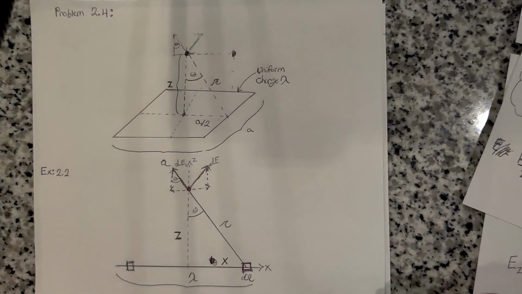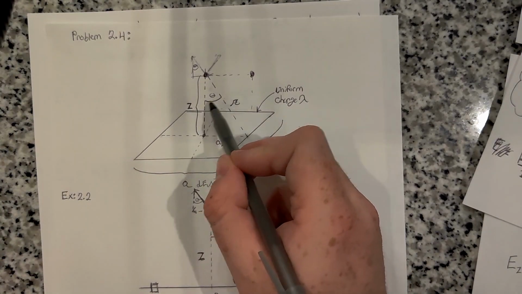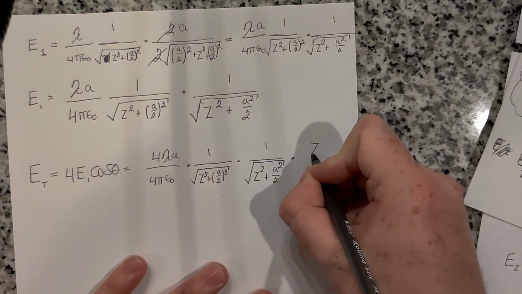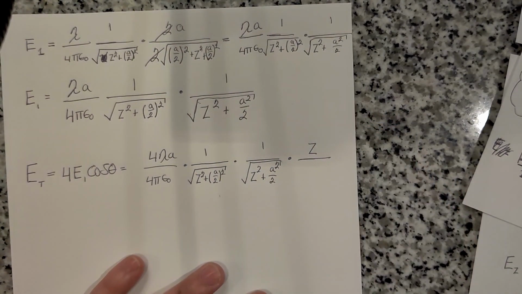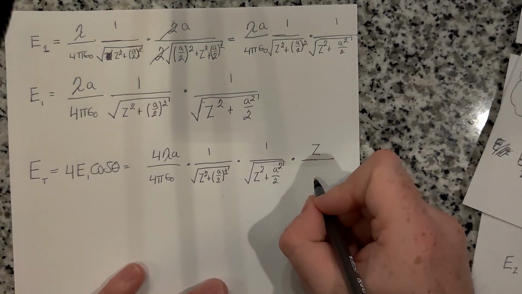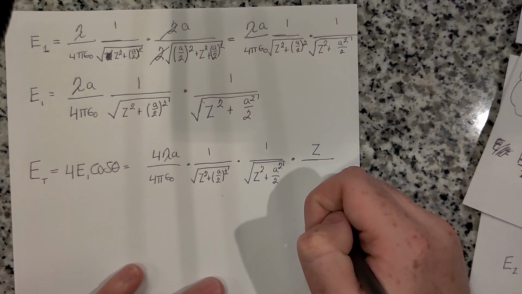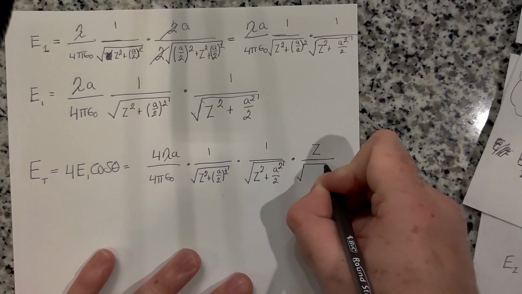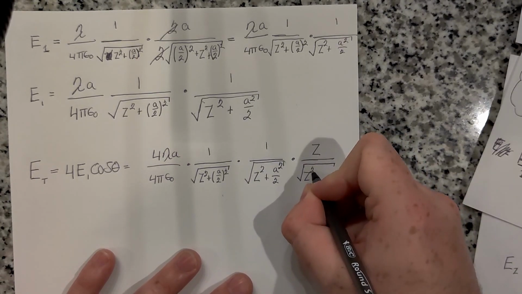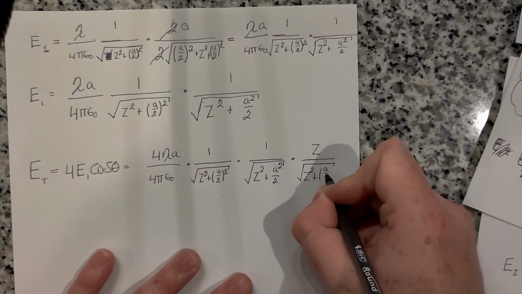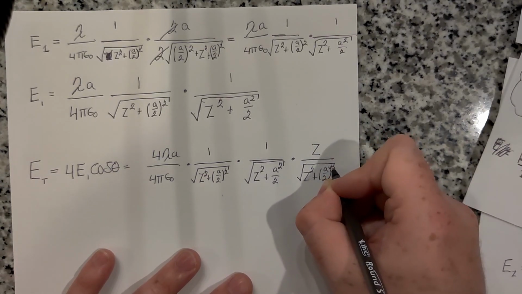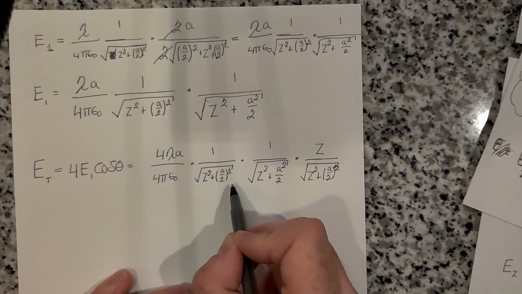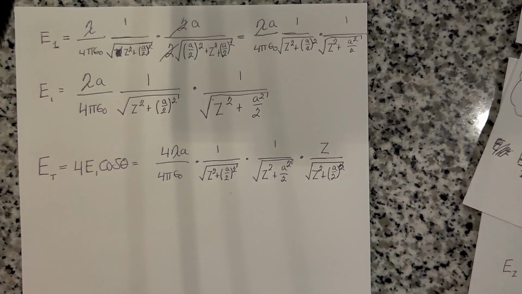And in terms of our problem here, cosine of theta is z over script r. So we have times z over script r, which in our problem is the square root of z squared plus a over 2 squared, which is exactly the same as this term, so those square roots will end up canceling each other out.